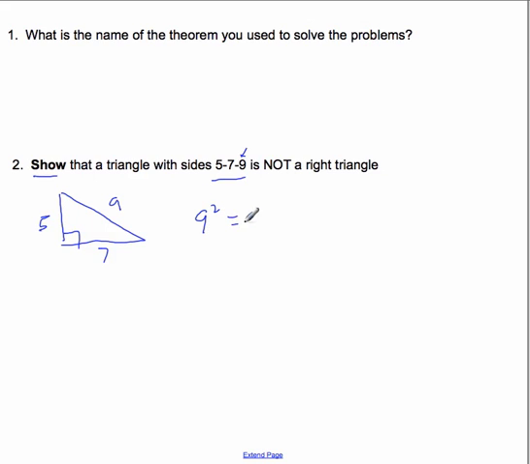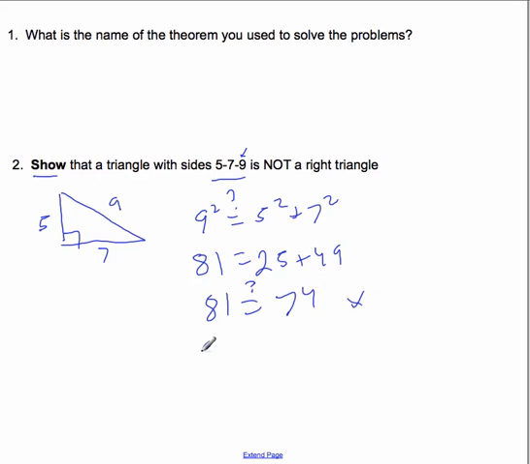Does 9 squared equal 5 squared plus 7 squared? So 9 squared is 81, 5 squared is 25, and this is 49. So does 81 equal 74? No. Therefore, it's not a right triangle.